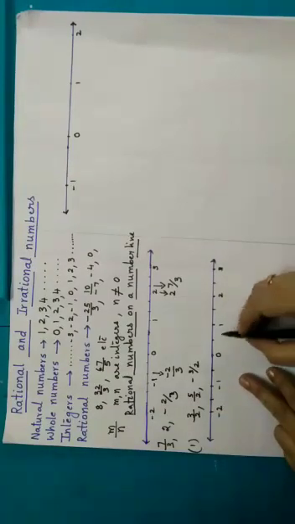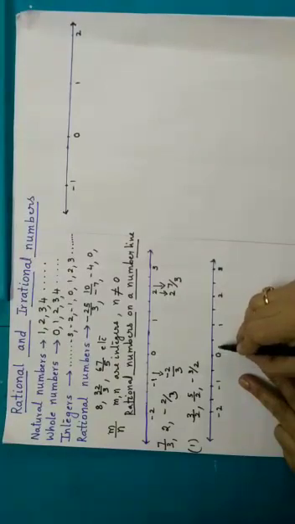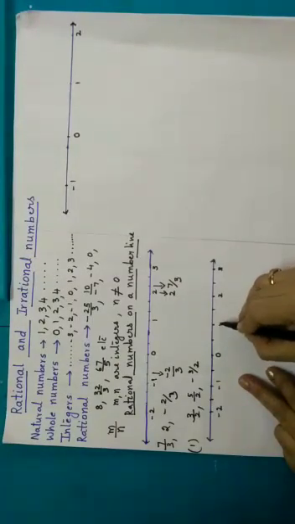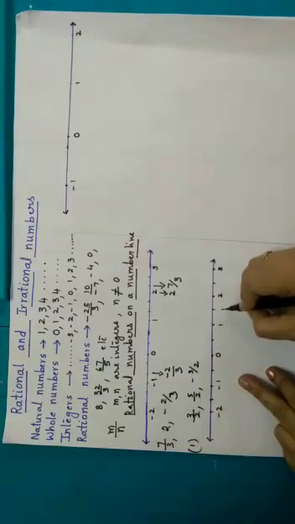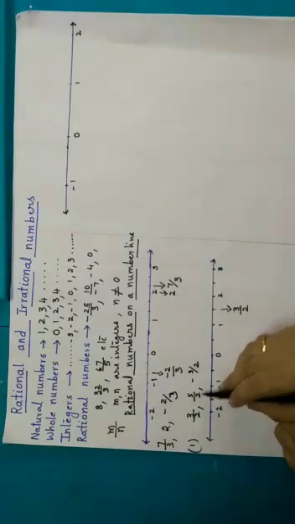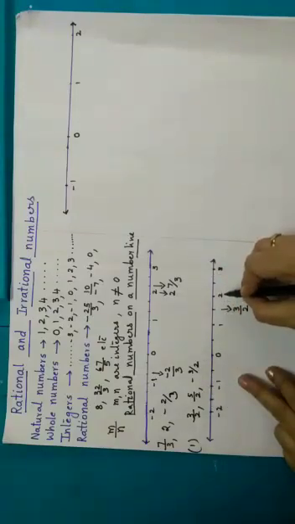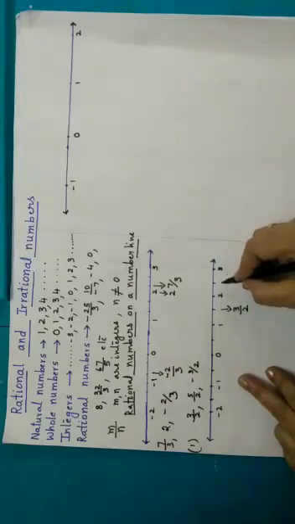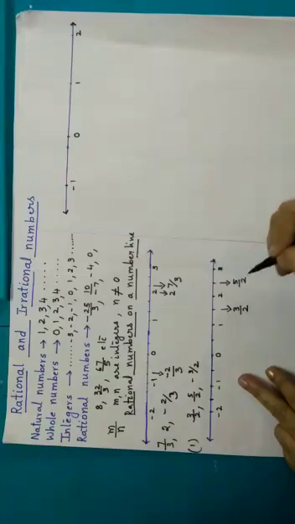3 upon 2. See, the first immediate right is 1 upon 2, 2 upon 2. This will be 3 upon 2. Next is 5 upon 2. This will automatically be 4 upon 2, and this will be 5 upon 2.